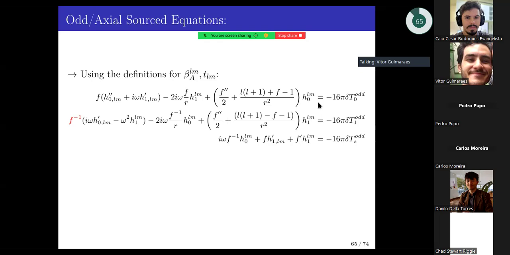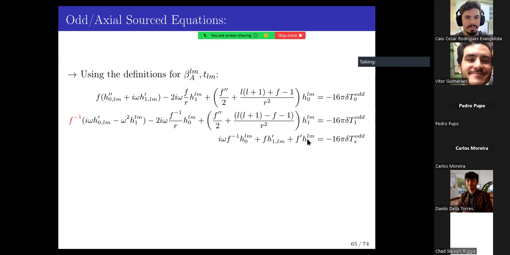The next step we must take is to get to what we call the master equation, because what we want to do here is put all these three equations into one single equation.